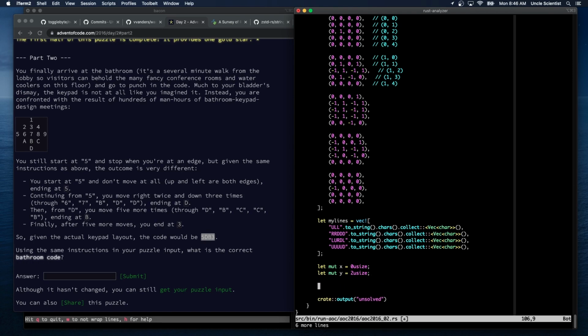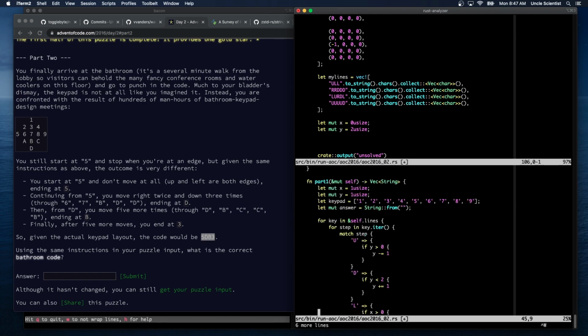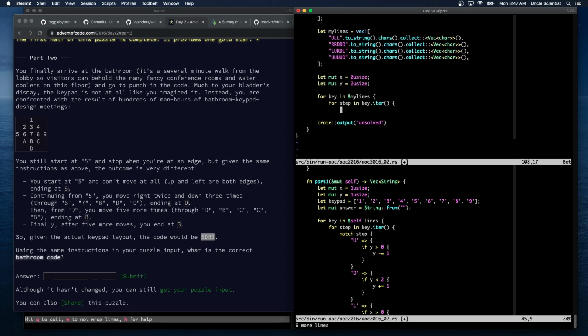Right, and then all we need to do is loop over the instructions the same way we did before. So for key in mylines, for step in key.iter, and this is going to be a little bit simpler because we're doing up, down, left, right.